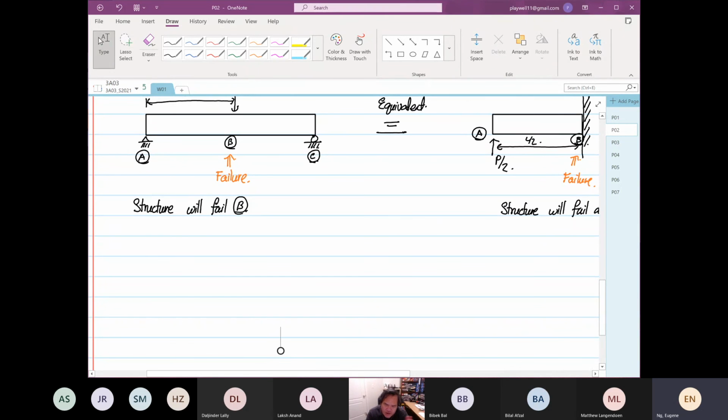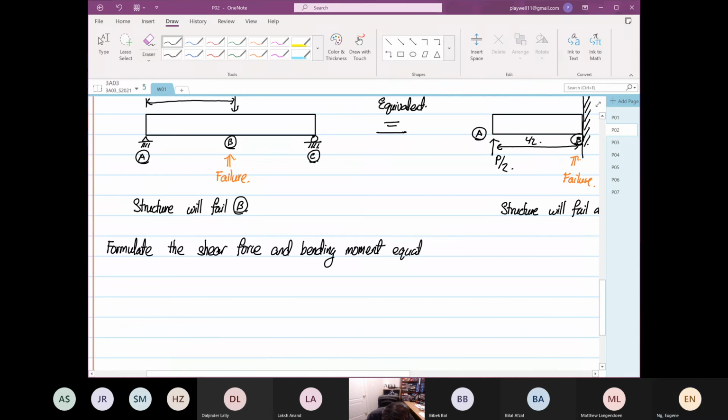We're going to formulate the shear force and bending moment equations for both of them.